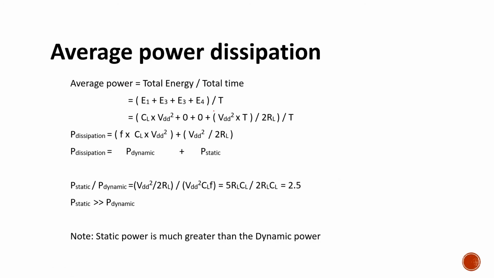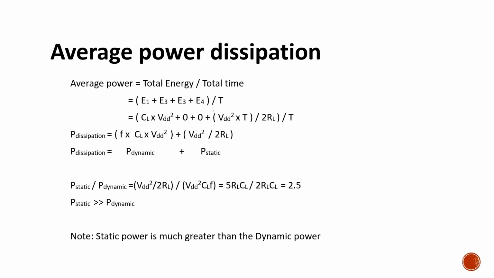When you divide the power dissipation into static and dynamic, the dynamic contains the frequency term, whereas the static doesn't contain any time period. So you see F CL VDD square is the dynamic power and the static power is VDD square by 2RL.